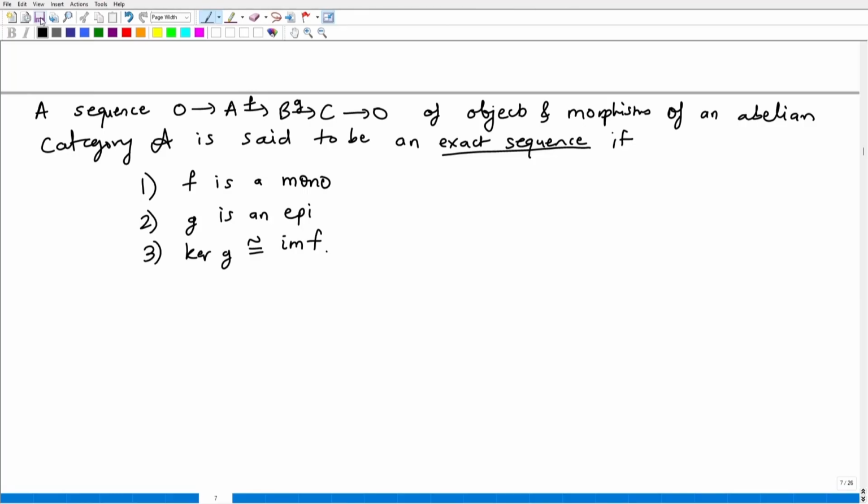So in the subobject poset of the middle object B, these two are isomorphic. Okay, so F is a mono.